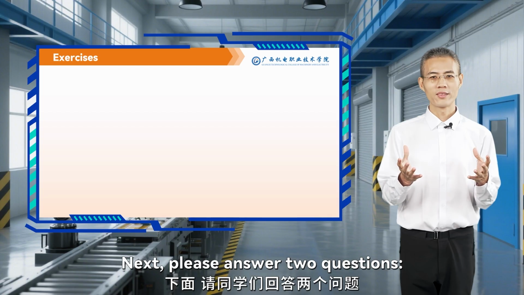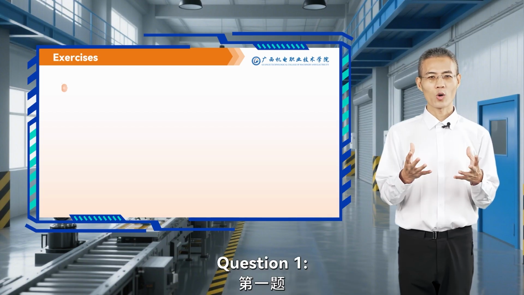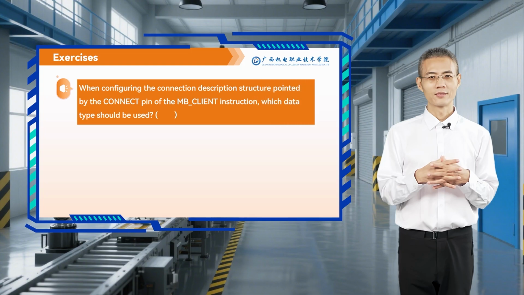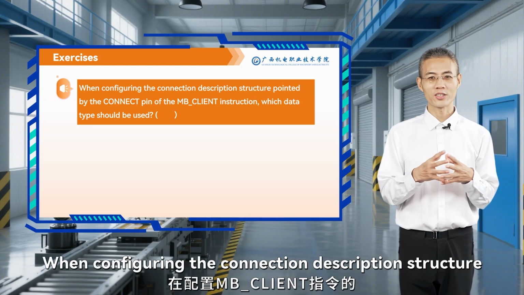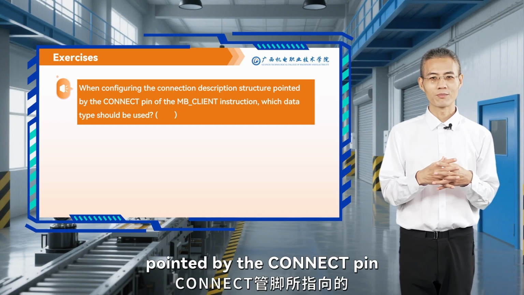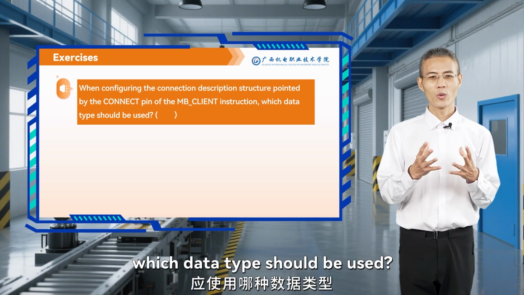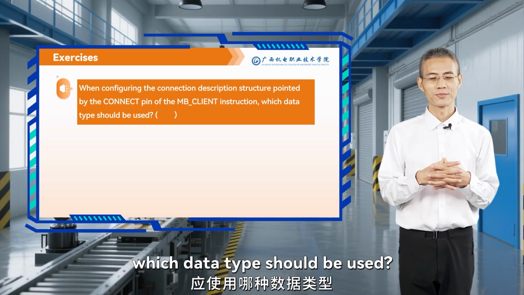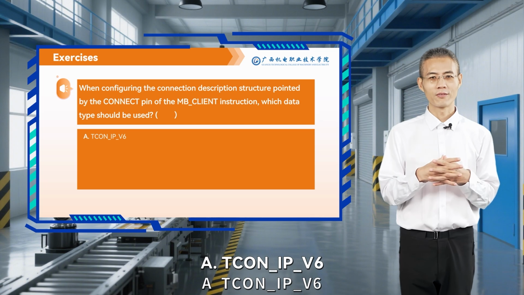Next, please answer 2 questions. Question 1. When configuring the connection description structure pointed to by the connect pin of the MB client instruction, which data type should be used? A. TCON IPv6.